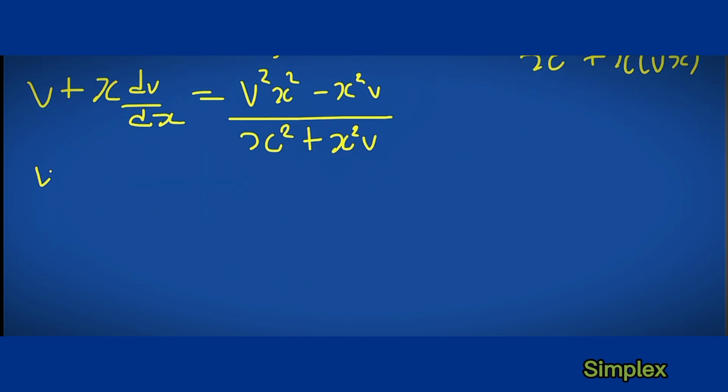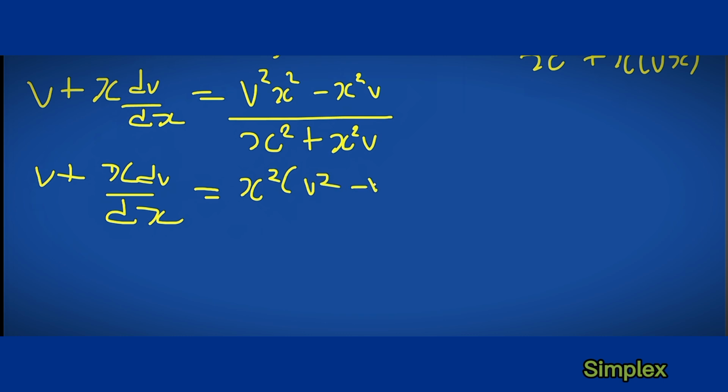So we are left with v plus x dv/dx. Factorizing x squared, we have x squared times (v squared minus v) over x squared times (1 plus v). Sorry, let's not forget the minus sign over here. There's a minus sign because we carried it over to the other side.